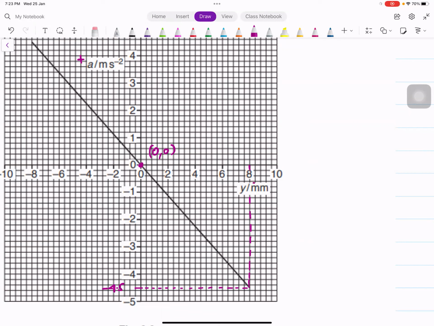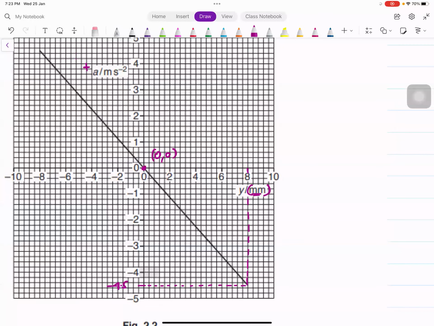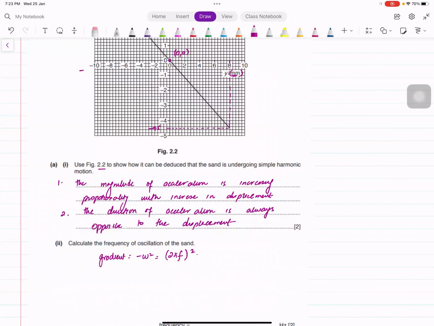Then I'm also going to check what the units are here. To find the gradient, I'm going to say negative 4.5 divided by 8, and I'm going to multiply this by 10 raised to minus 3 to convert it into meters.